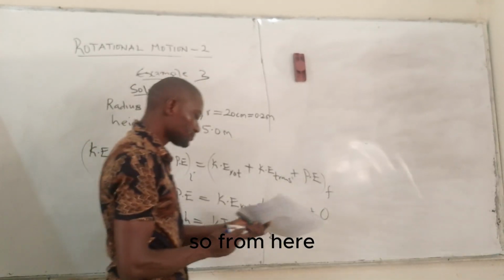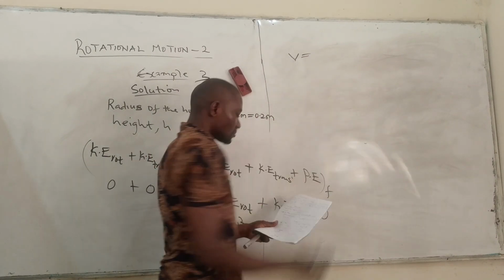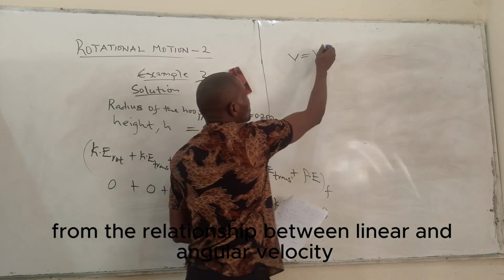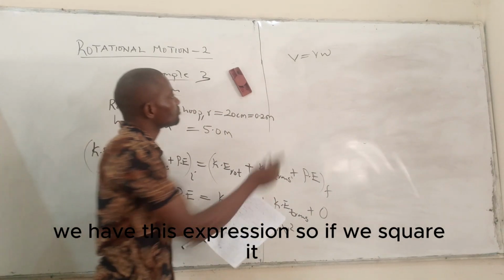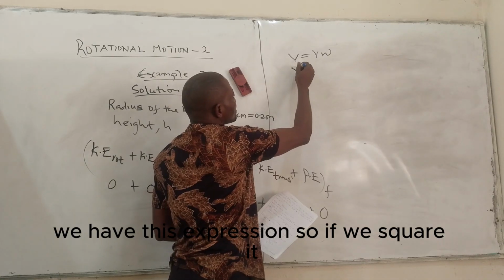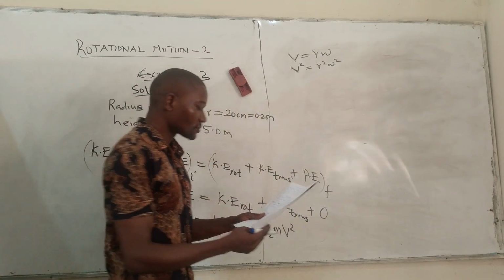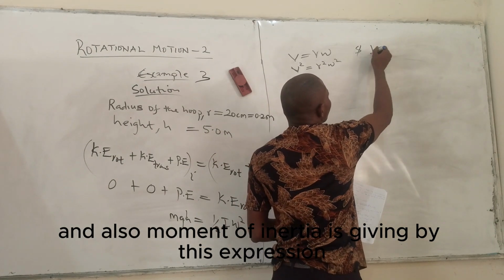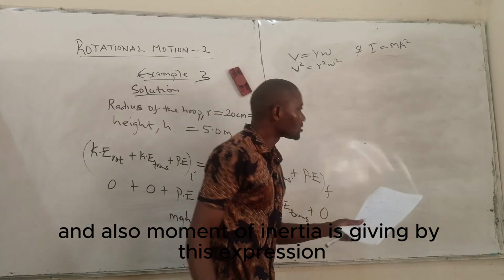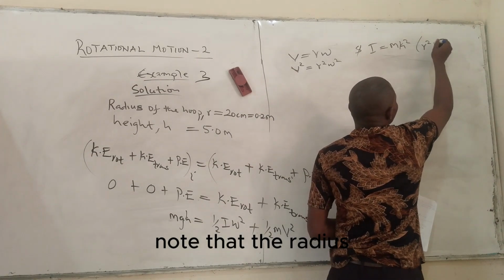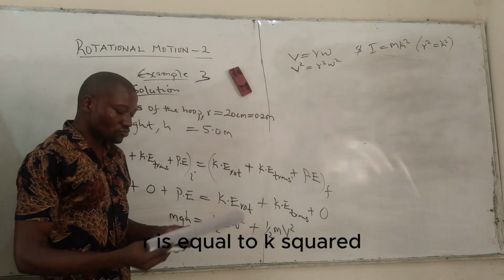So from here, we know that from the relationship between linear and angular velocity, we have this expression. So if we square it, we have r square omega square. And also, moment of inertia is given by this expression. Note that the radius r is equal to k square.